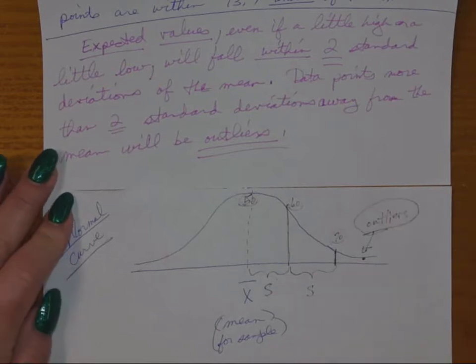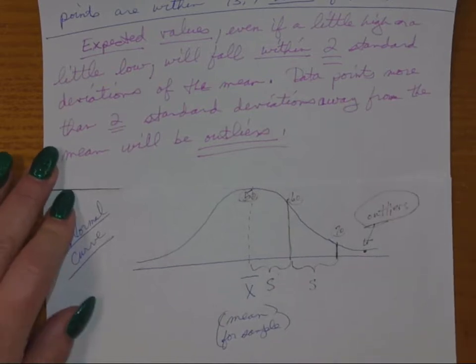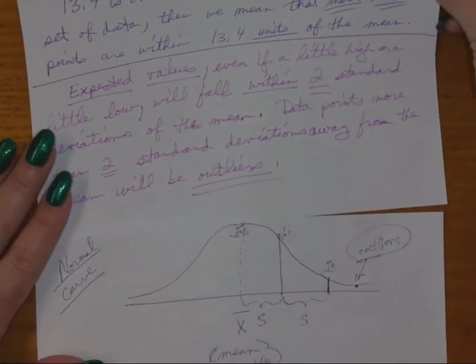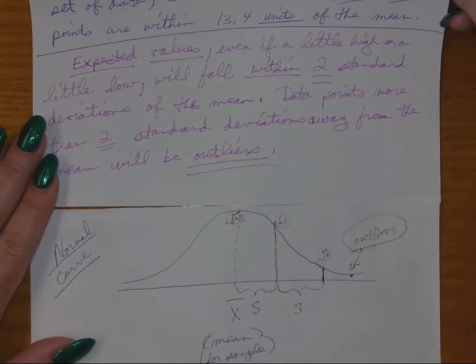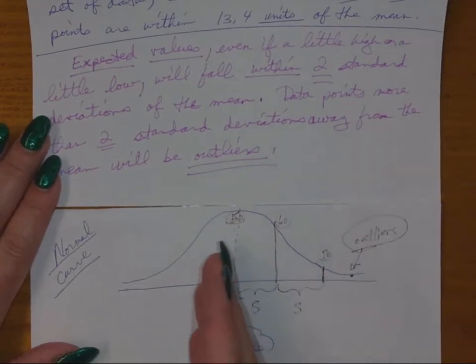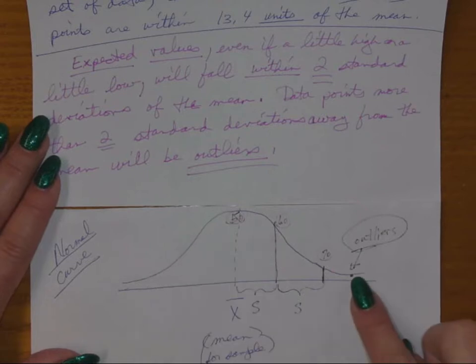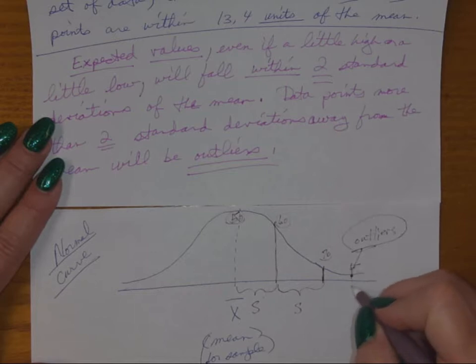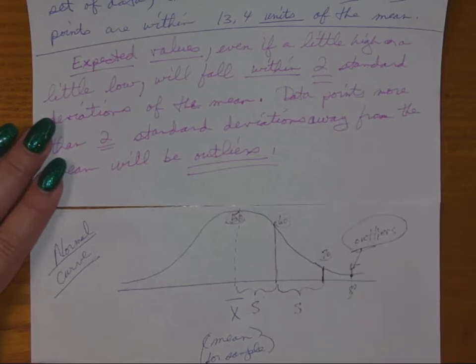Boom, you're an outlier. If I was working with this data set, where the average was a 50 and most of my students were in this area, and then I had this one up here that was a 93, actually, let me just call it an 80. I would say, that one right there is an outlier.